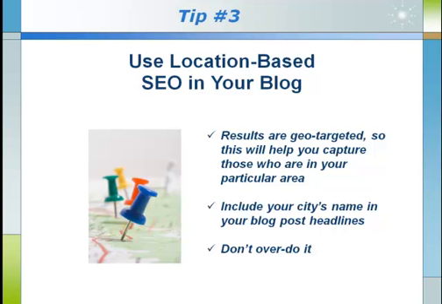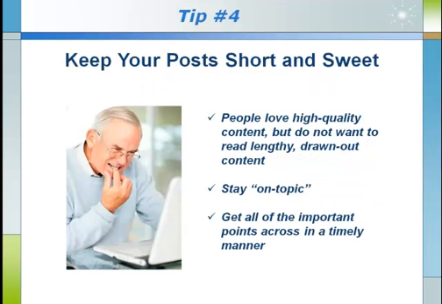I was ranked quite high on Google and other search engines, but I didn't focus on my local terms. Eventually I learned how important that was, and I began to include location-based keywords. So it's important for you, so you can include your city's names in your blog posts and their headlines, but make it a point not to overdo it.